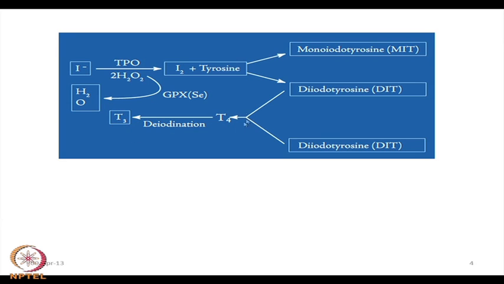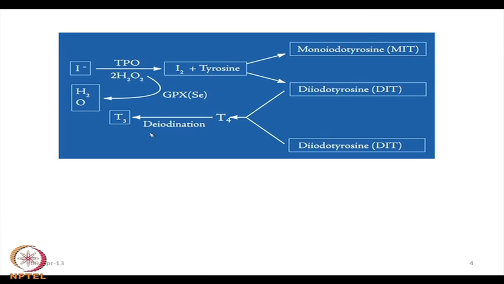So, we can sometimes consider T4 as the pro-hormone, the pro-thyroid hormone, which can be activated. The corresponding T3 can be formed through a one-step deiodination reaction, and T3 is much more active than T4.